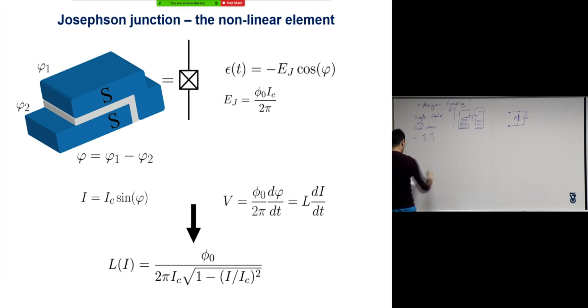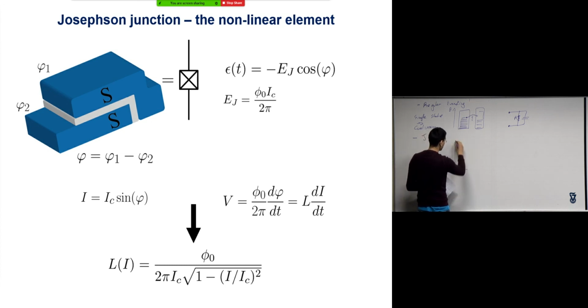For the Josephson junction, we have a superconductor. We said the x-axis is density of states, so let me draw this. The density of states will go like this. Here it diverges. This is the condensate where the Cooper pairs sit.